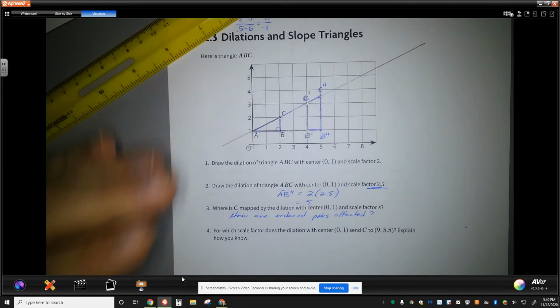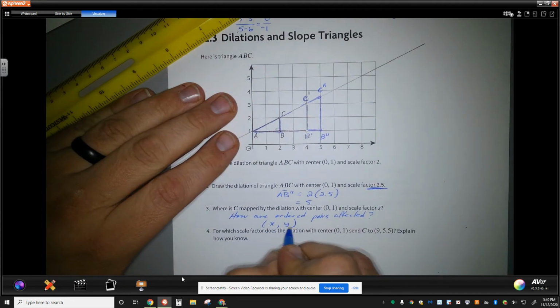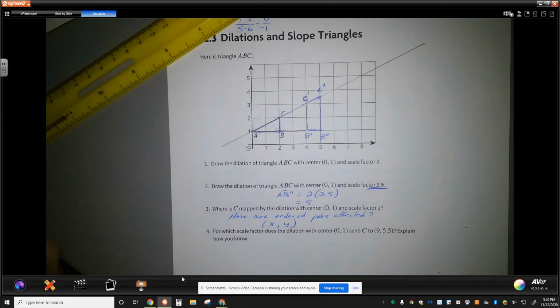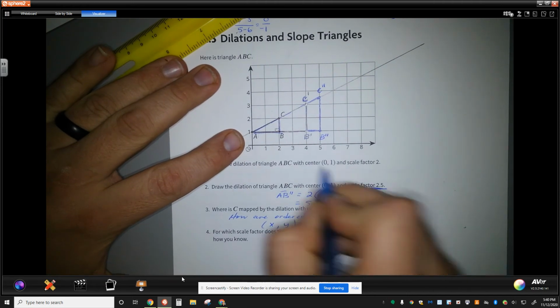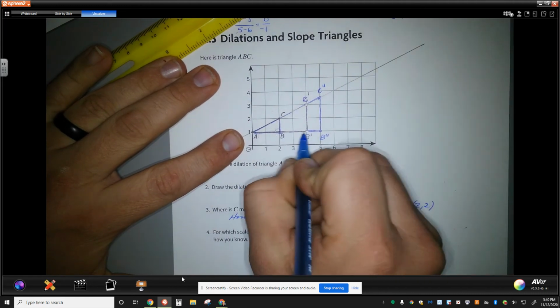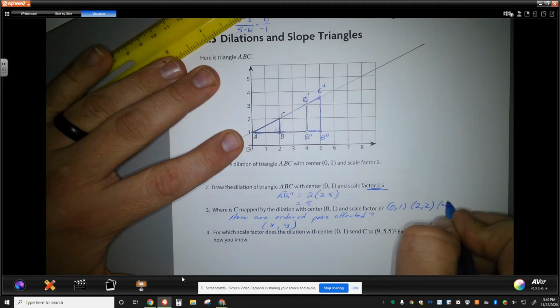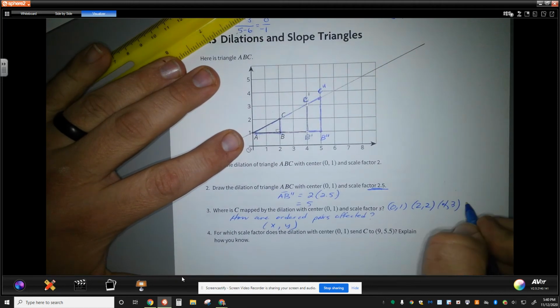That's kind of what we're asking, or how are the x and the y coordinates going to be affected by this dilation? Well, let's look at those ordered pairs. We go from 0, 1 out to 2, 2, out to 4, 3, and then on to 5, 2.5.